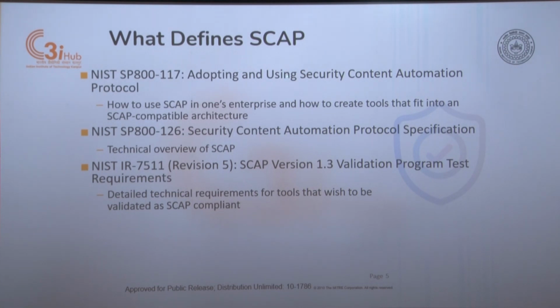So the first is more like a user guide, and this is the technical specification of the standard protocol. And then this 7511 is an upgrade, a newer version of SCAP, that is SCAP 1.3, that has how to validate whether you are compatible with the requirements to be SCAP compliant. So that's the set of documents that are relevant here.